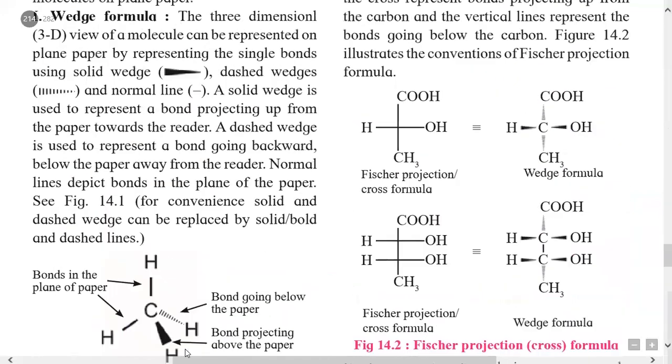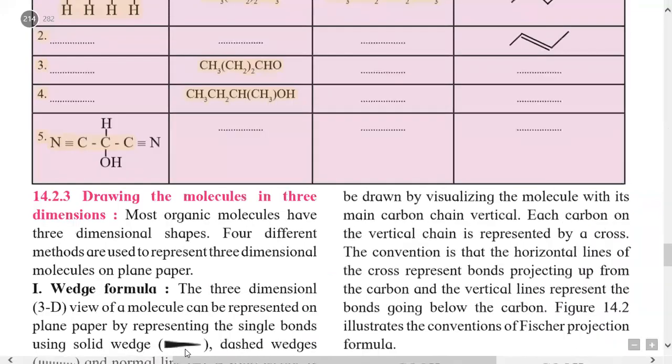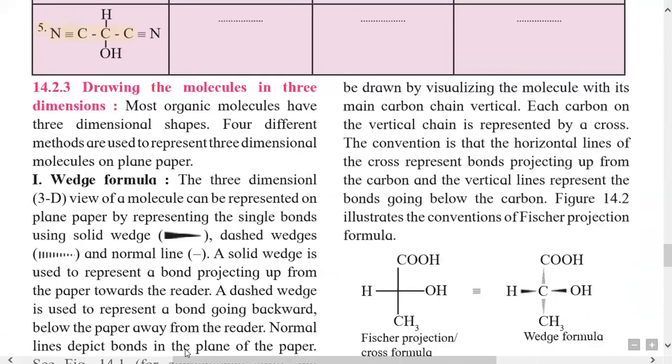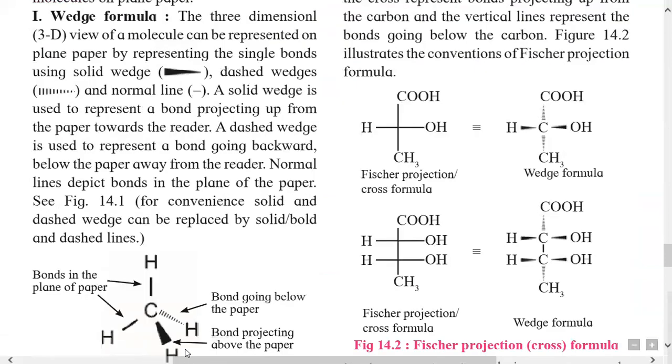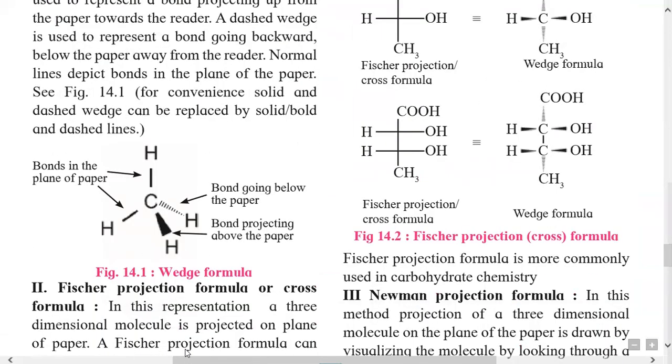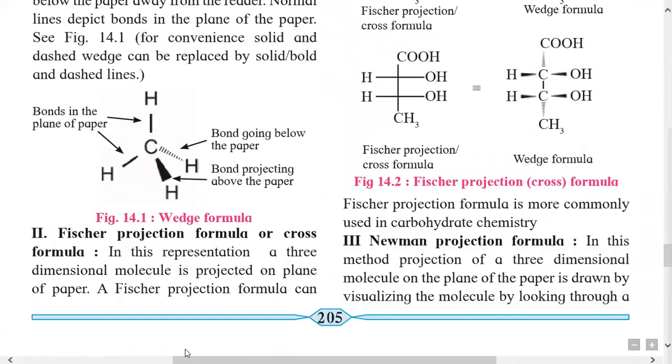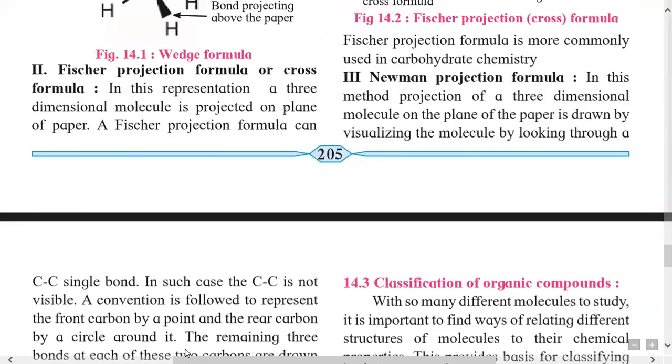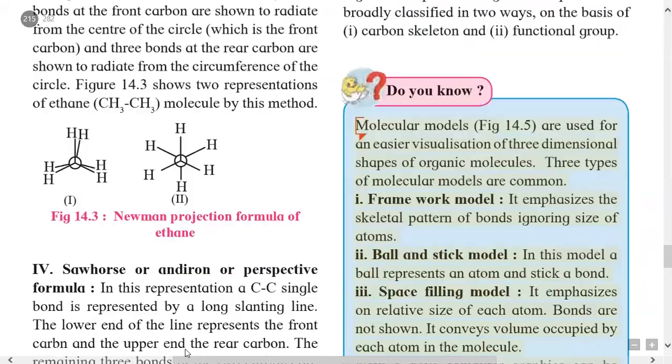So in this way, today we studied how to draw a molecule in 3 dimensions by 4 different methods. First is the wedge formula, second is the Fisher projection formula, third is the Newman projection formula, and fourth is the sawhorse formula or Enderon formula, also called the perspective formula.